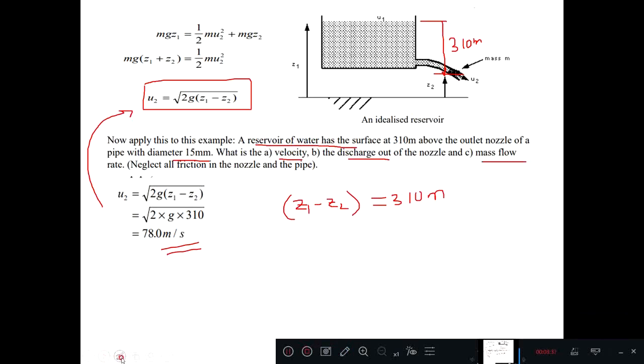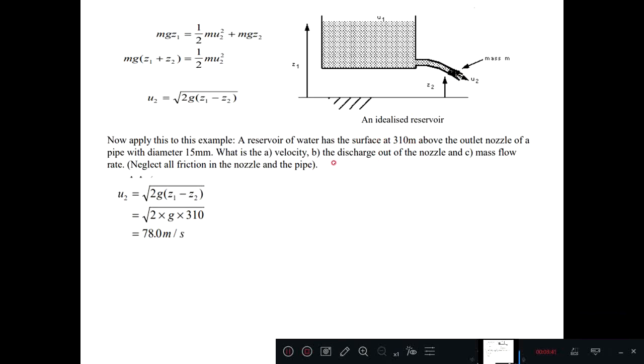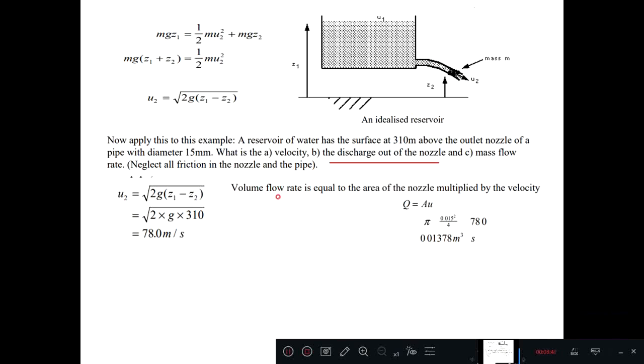One more parameter they have asked is the discharge out of the nozzle, that is how much rate of flow is coming out of the nozzle. As we know, the volume flow rate is equal to the area of the nozzle multiplied by the velocity. That is Q equal to A into V, or you can write A into u, since I have considered u as the velocity here.